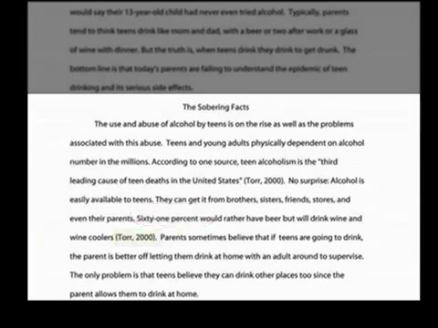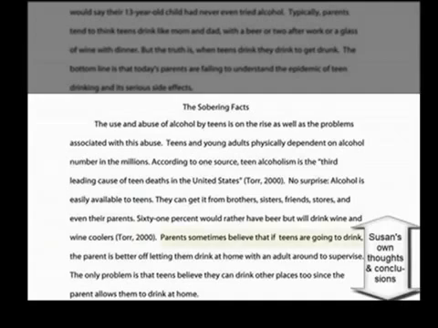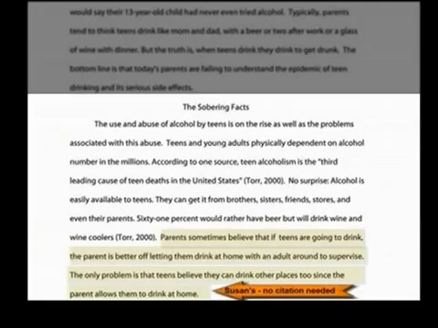And now, back to Susan's language and Susan's thoughts. Parents sometimes believe that if teens are going to drink, the parent is better off letting them drink at home with an adult around to supervise. The only problem is that teens believe they can drink other places too, since the parent allows them to drink at home. So that was Susan's conclusion. That was Susan's idea that she got from all her reading and her research and her thinking and her experience, so she didn't need to cite it.